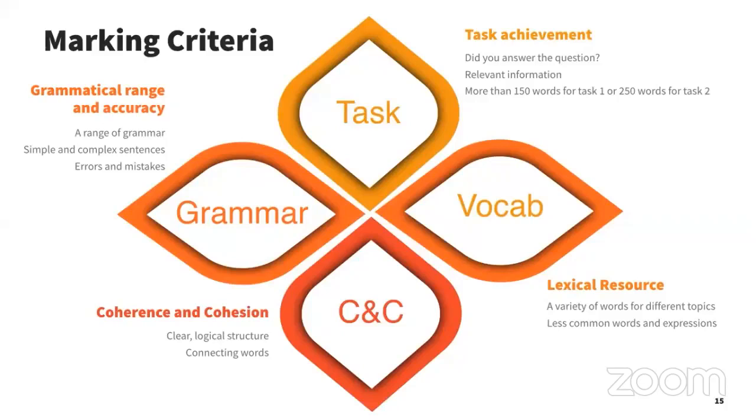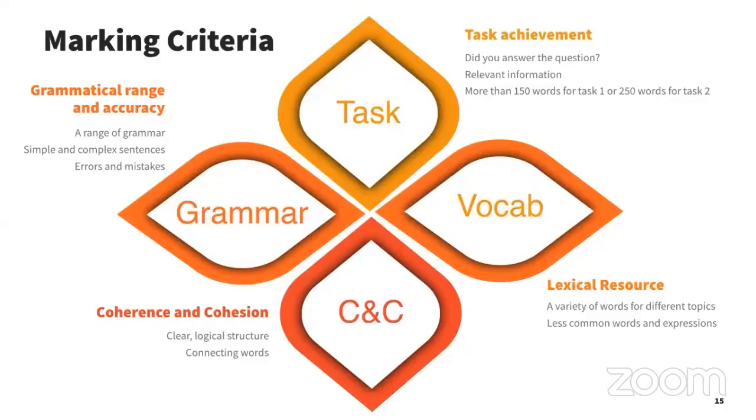Then they'll look at your vocabulary or lexical resource, as they call it. Again, we're talking about a range or variety of words, okay, appropriate to the topic. So you're looking at less common words and maybe expressions. And the final one is C&C, as I put here, or coherence and cohesion. Now, that basically just means they're looking at the structure of your writing. Is it clear?